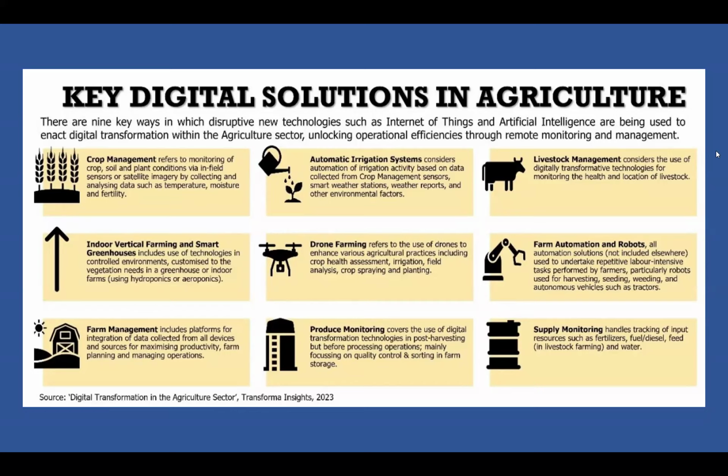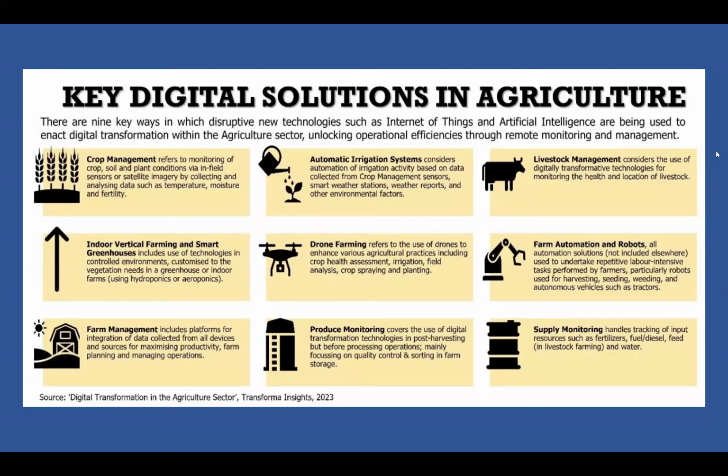So if it is automated, then you can save water, you can save labor, and again you can save the price. Livestock management: the health of the livestock can be managed by putting a sensor in the livestock. The quality of milk, the counting of livestock when they are in the grazing land, and the movement of livestock can be tracked.